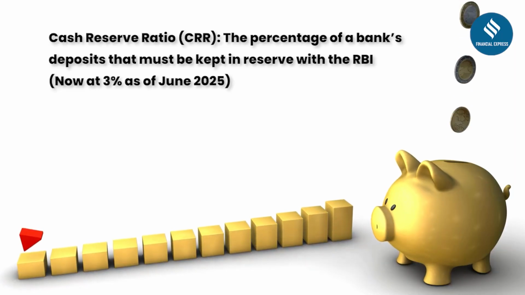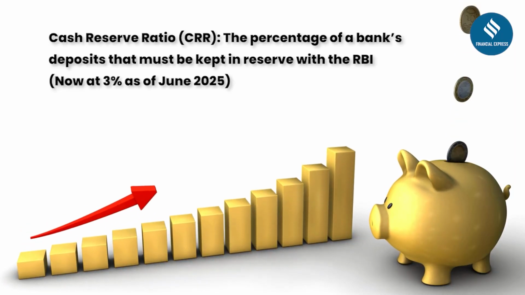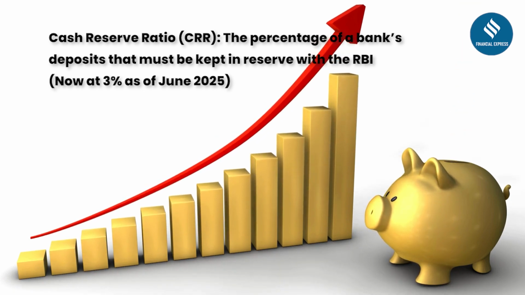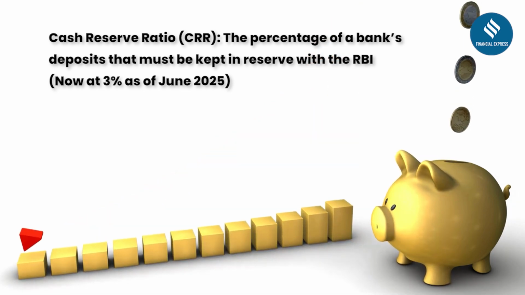That brings us to the third term, which is cash reserve ratio, or CRR. This is a percentage fixed by the RBI on a commercial bank's net demand and time liabilities, or NDTL, which is the total funds a bank owes its customers, including deposits like savings accounts and fixed deposits. This determines the amount of money in liquid cash that a bank has to lend.